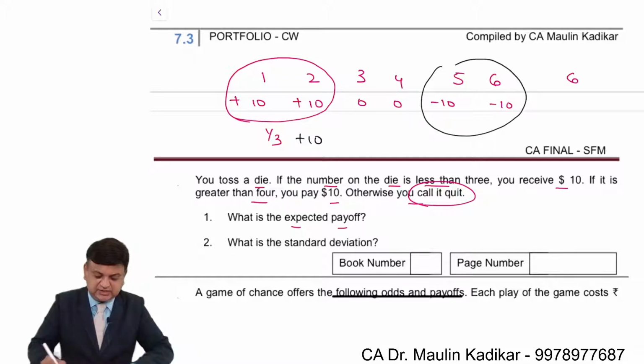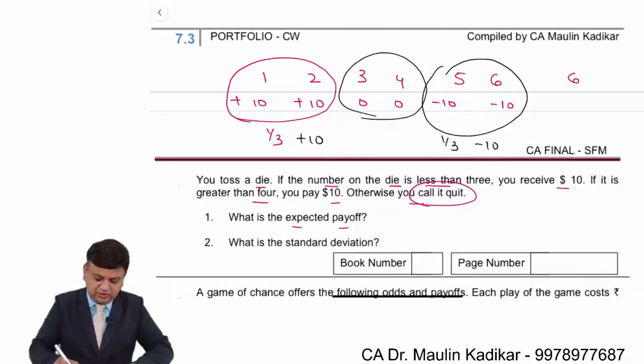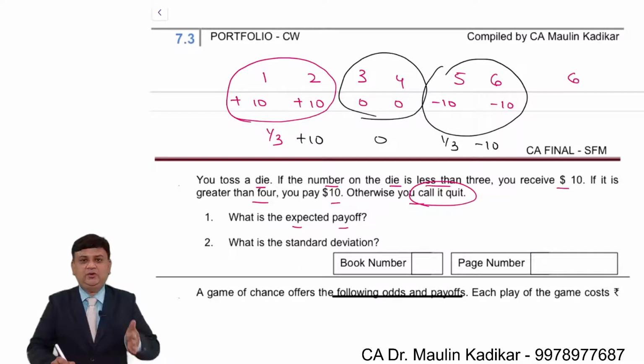Another 1/3 chances, if it is 5 or 6, you will pay $10. In the remaining 2 cases, if it is 3 or 4, neither you receive anything nor you pay.